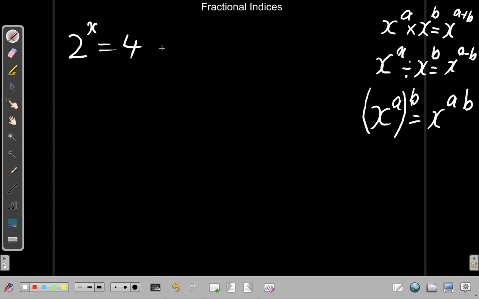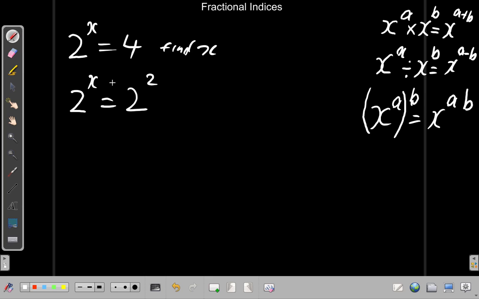What you can say here is 2 to the power of x equals 2 to the power of something. So 2 to the power of x is equal to 2 to the power of 2, because 2 to the power of 2 gives you 4.